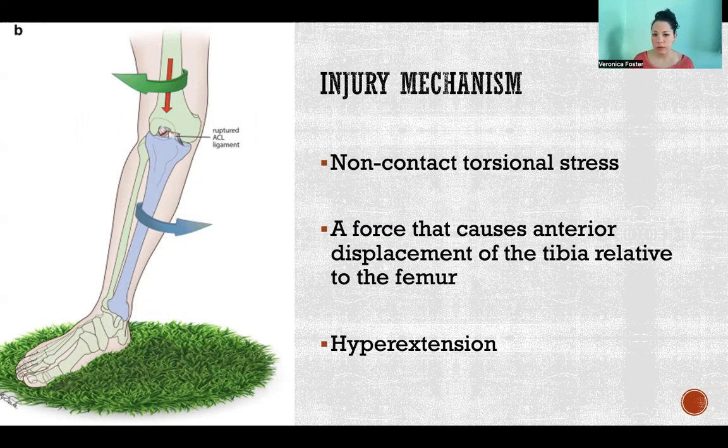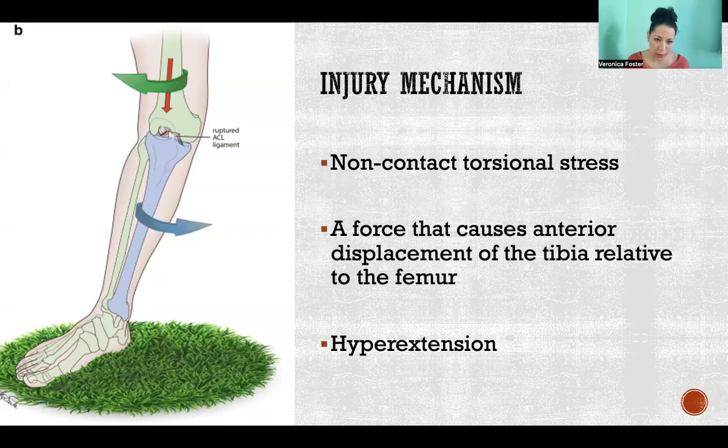In sports, we see this most often when we have some kind of cut or spin move where the person's foot is planted, and you probably are wearing cleats. So you've got a cleat planted in the grass, and then you turn to cut and move in the other direction. So your femur turns with the rest of your body where your foot and your tibia stay rooted and planted in place. Then you get this twisting that takes place between the femur and the tibia. And that's what we mean by non-contact torsional stress.